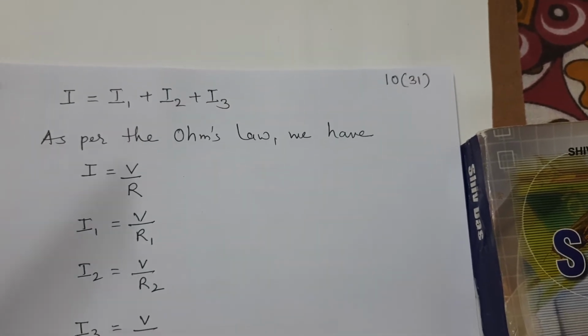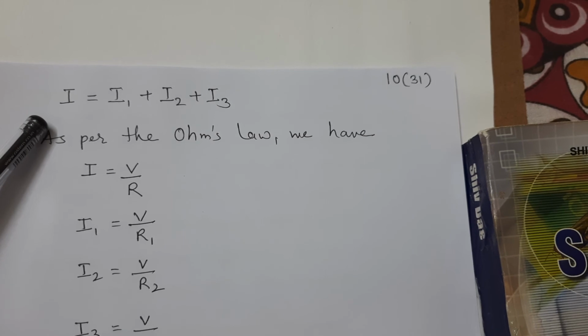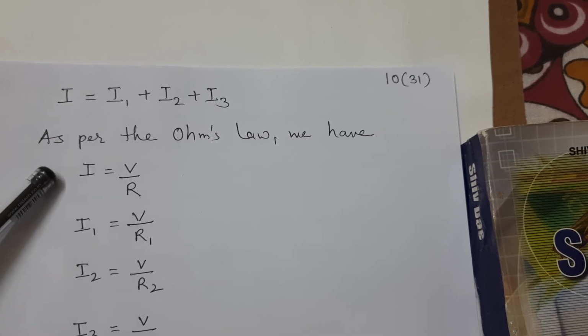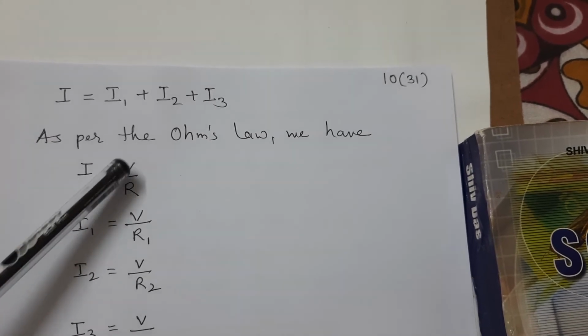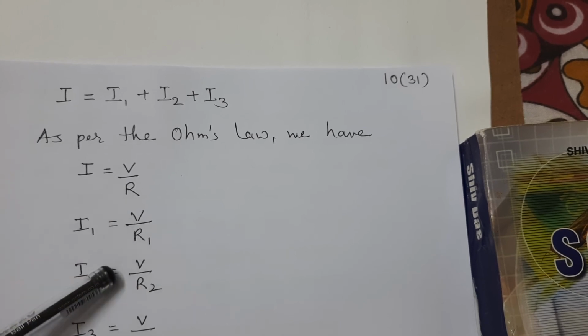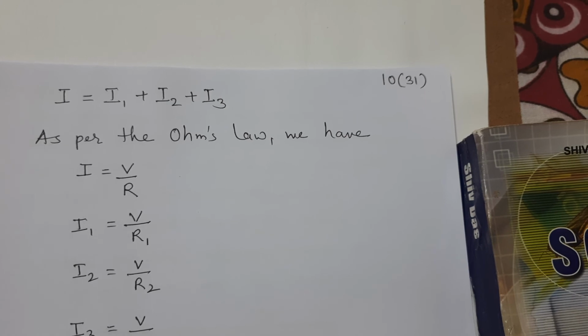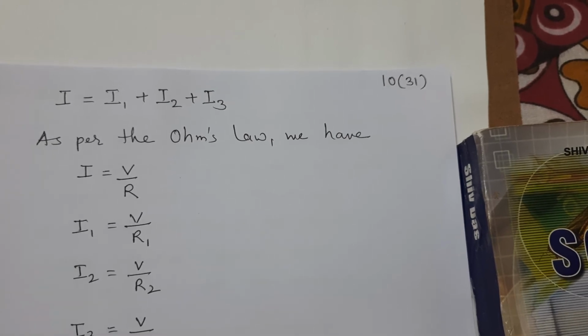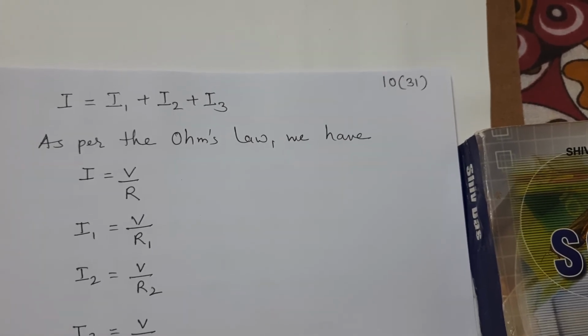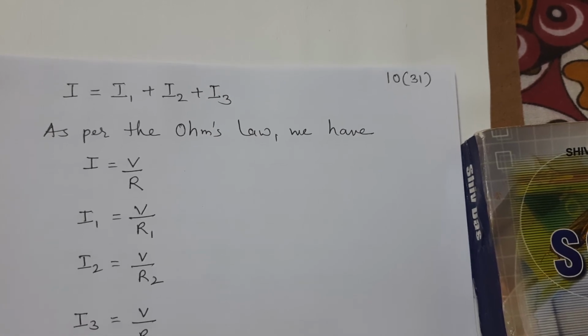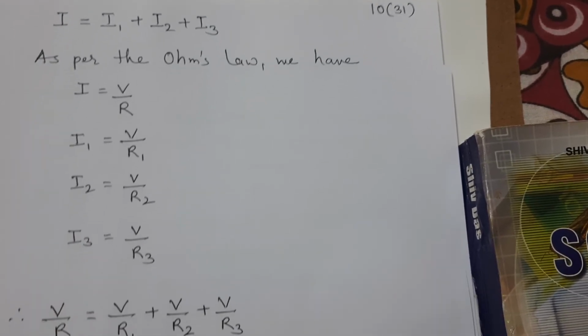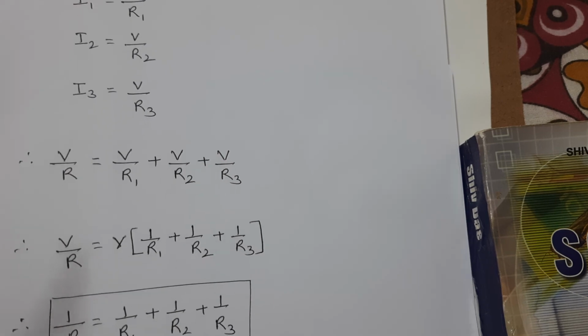As per Ohm's law, I is equal to V upon R, I1 is V upon R1, I2 is V upon R2, and I3 is V upon R3. As a result, we place the value of I equal to V upon R and get this result.